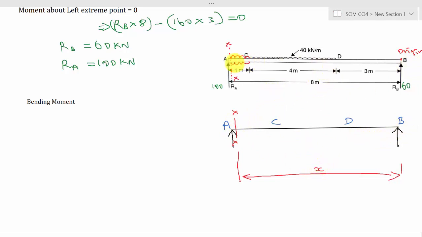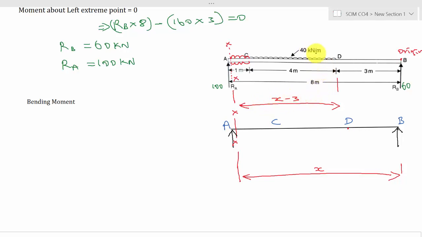Fine. So here this uniformly distributed load, that is 40 kilonewton per meter, starts from the point D. So from this to the section D, the overall distance is x, and here it is x minus 3.